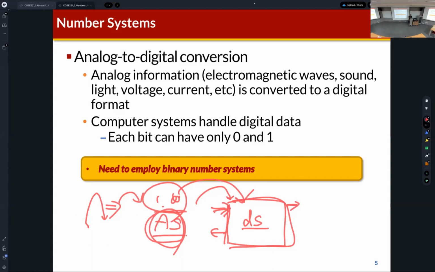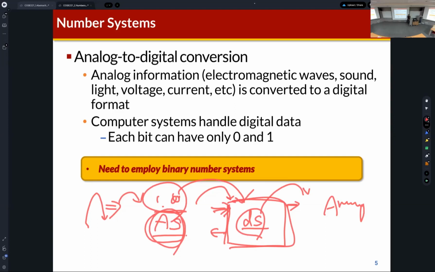Also, if you want to see some output from the digital system, we can only understand analog signals, because we live in the real analog world. So these digital signals need to be converted into analog signals. For example, on a screen you can see different colors, which is an analog signal.